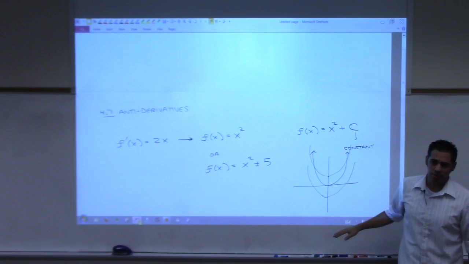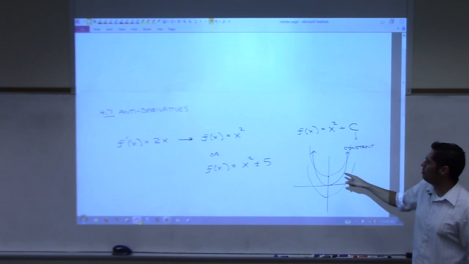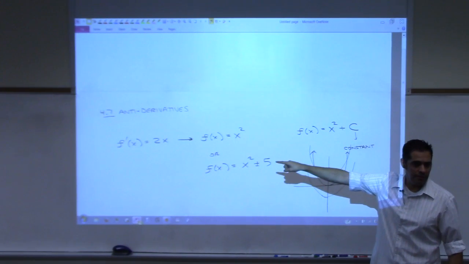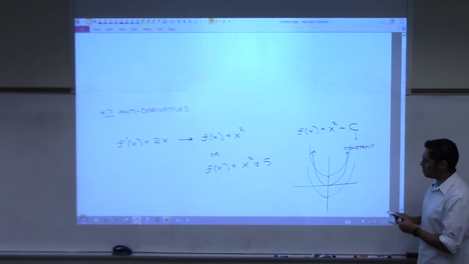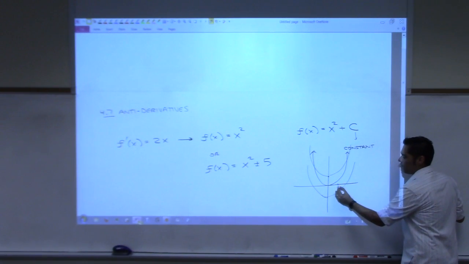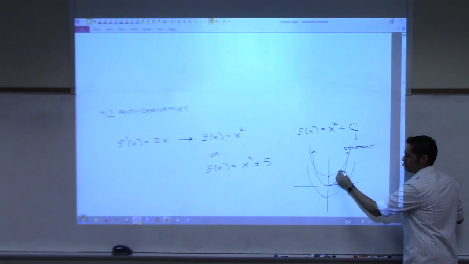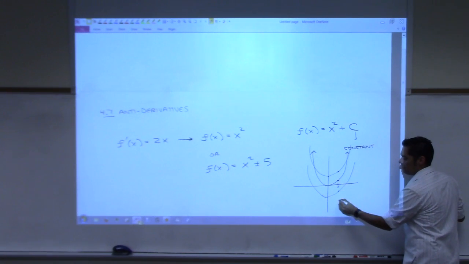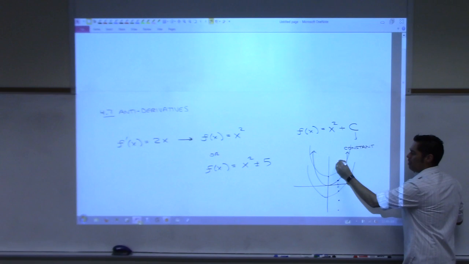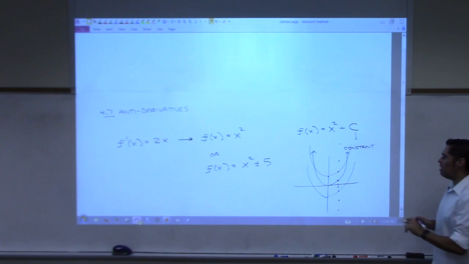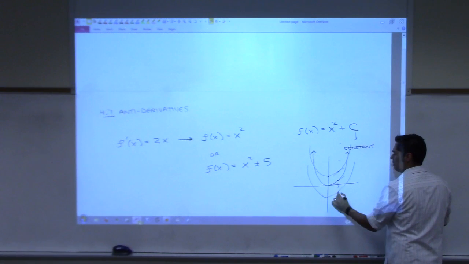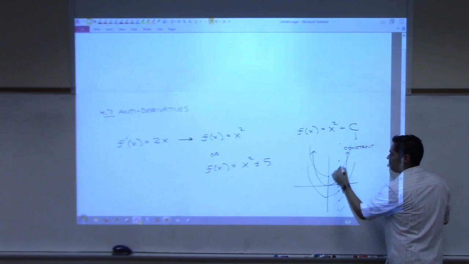Any one of those is going to give you that as a derivative. Geometrically, if I pick a point x and go up to the point on any one of these parabolas, what are they all going to have in common at that point? Same slope. The slopes of the tangent lines will all be parallel.